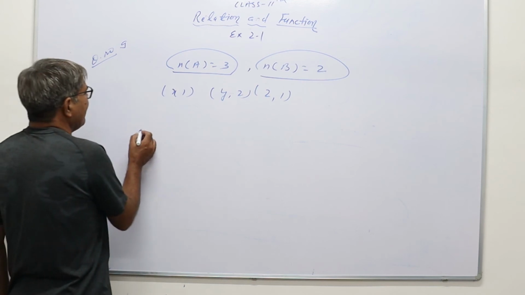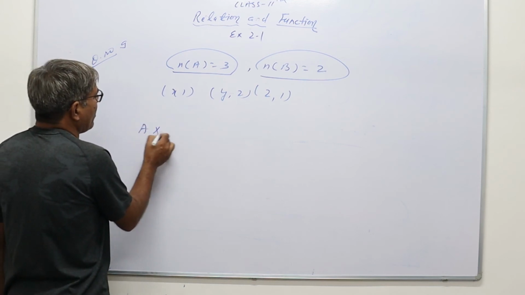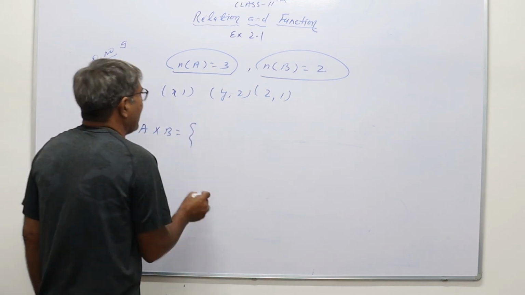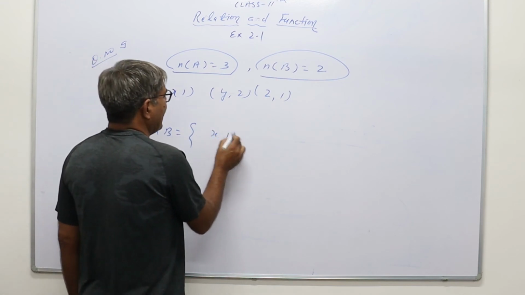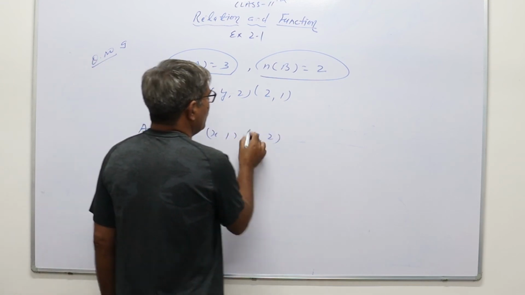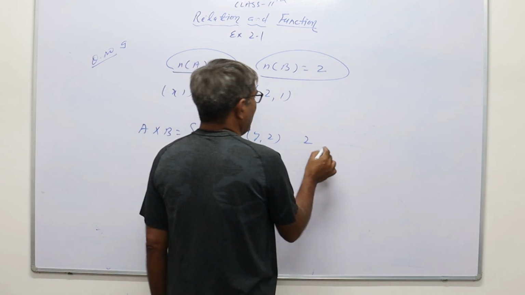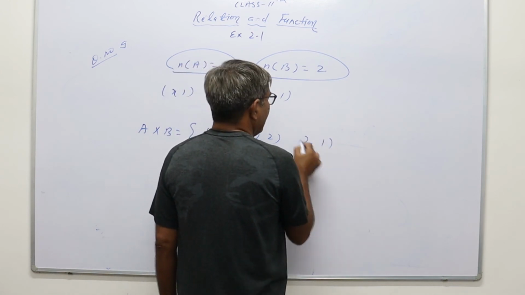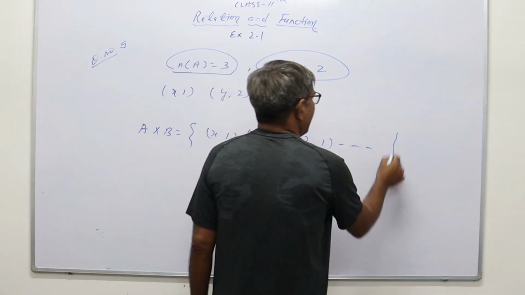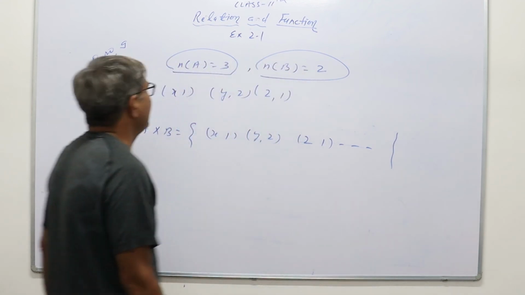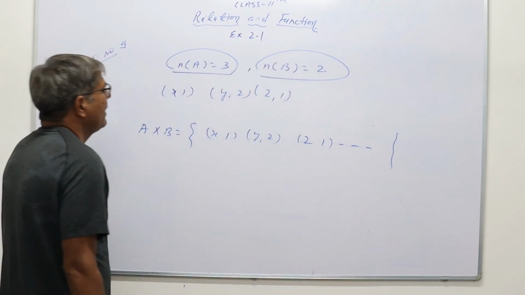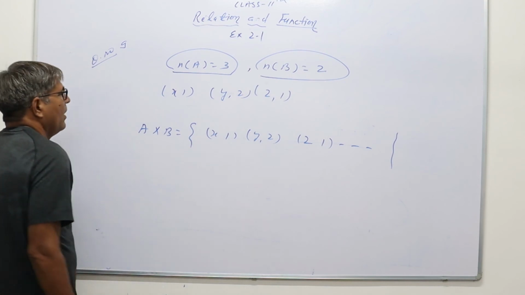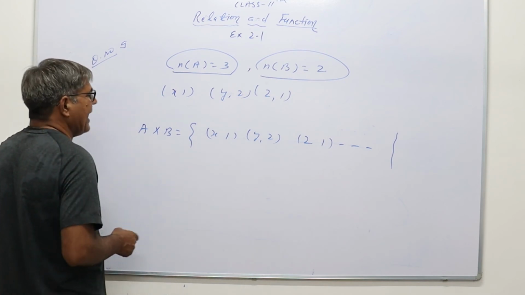And here it is given that some of the elements of A cross B are (x, 1), (y, 2) and (z, 1) and so on, maybe some more elements. Then find the sets A and B.